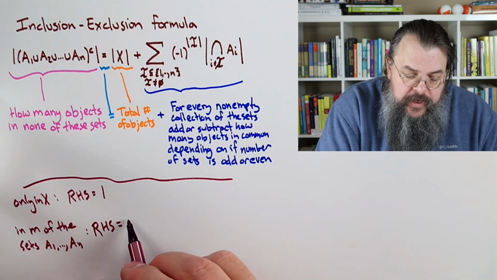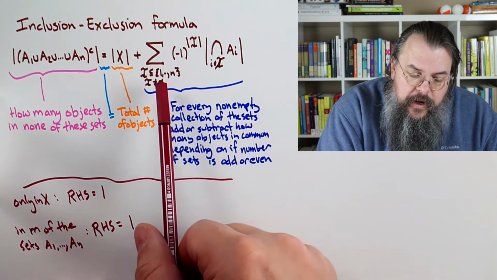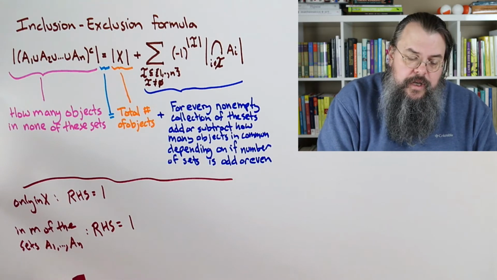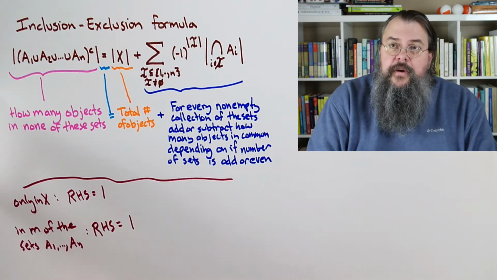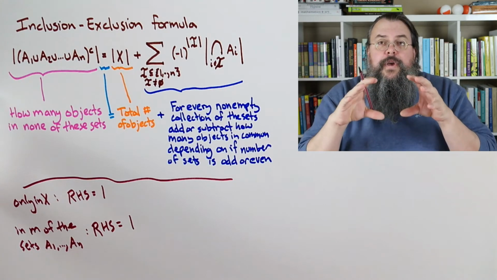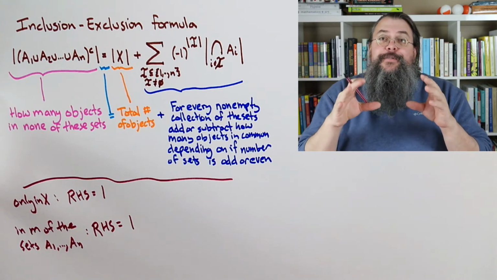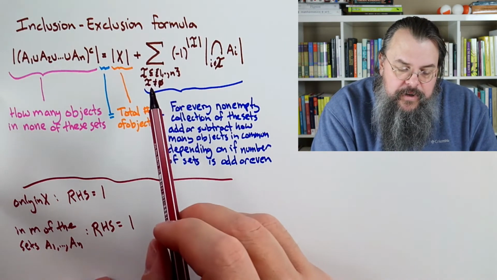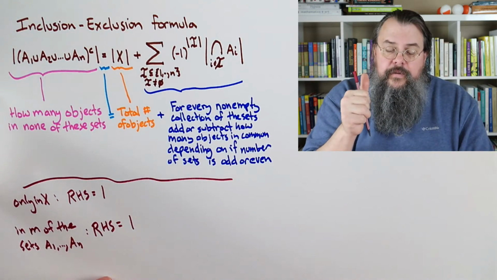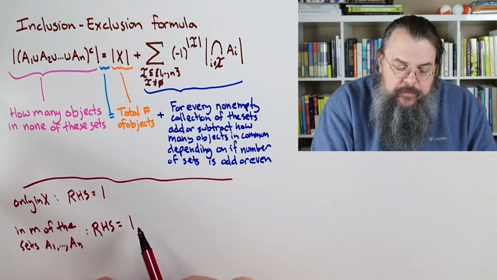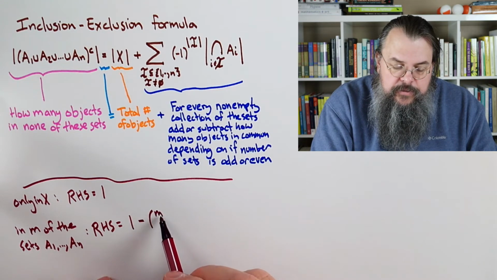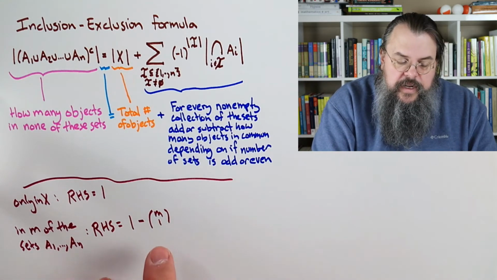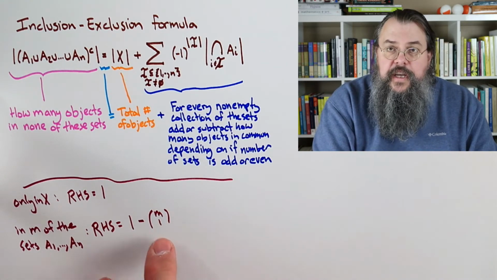And now we look at all the possible ways I can pick out sets where it would show up. In terms of individual sets, groups of size 1, it shows up in M of them. So we're going to subtract M choose 1. This is like just A1, just the first set it's in, just the second set it's in, all the way up through just the Mth set it's in.